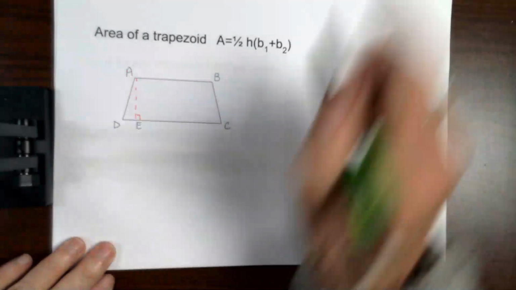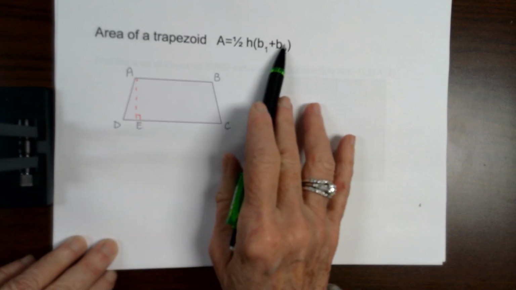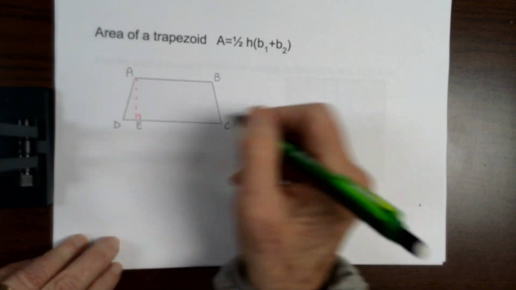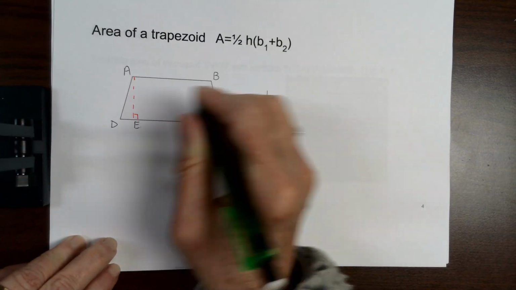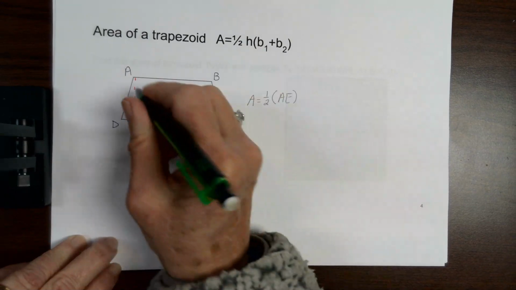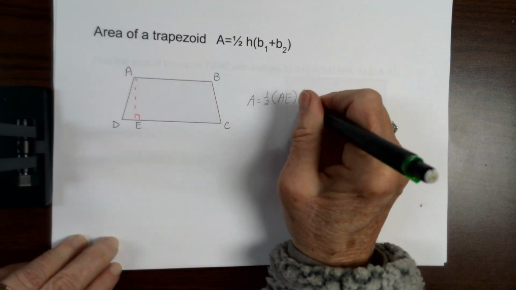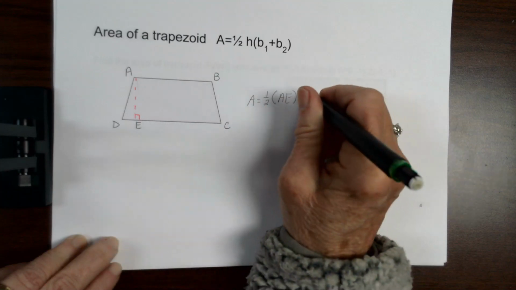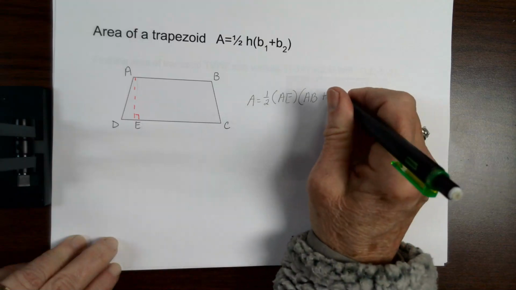The area of a trapezoid is 1/2 the height times the bases added together. So in this illustration, the area is equal to 1/2. The height would be AE because it's going to be the perpendicular line straight down. Then the two bases, that's AB plus DC.